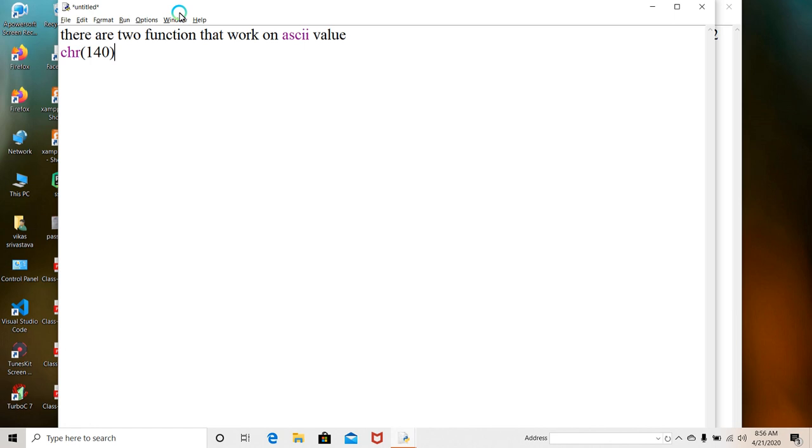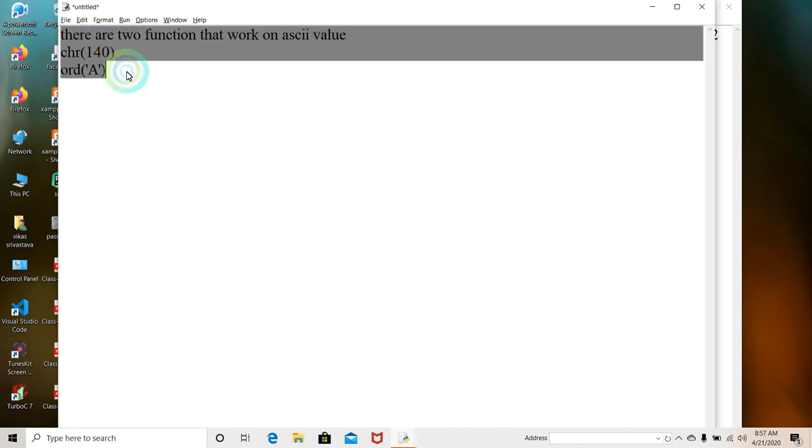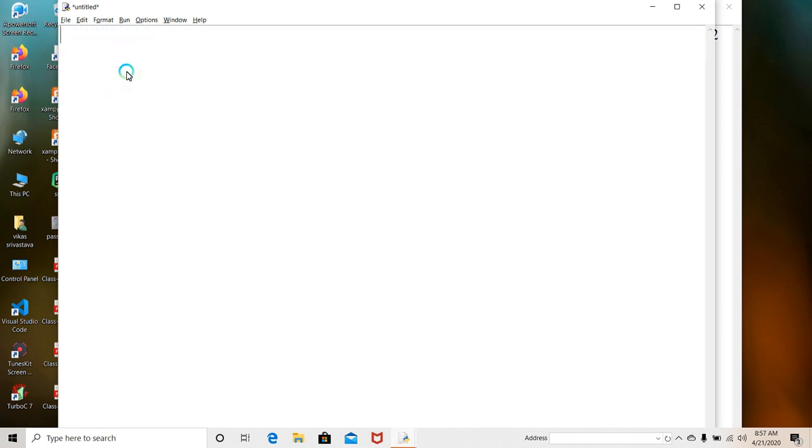And we have an ORD function that returns its equivalent ASCII value. So whenever we work on strings we can use these. Here we have some functions. First I will explain all the functions one by one.